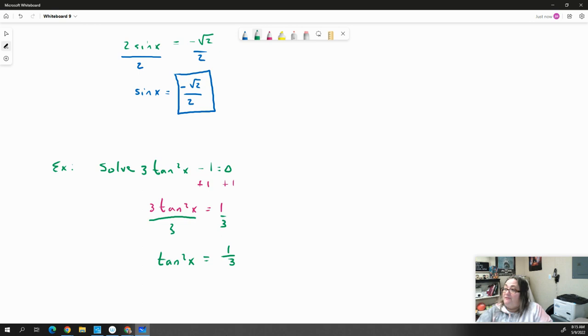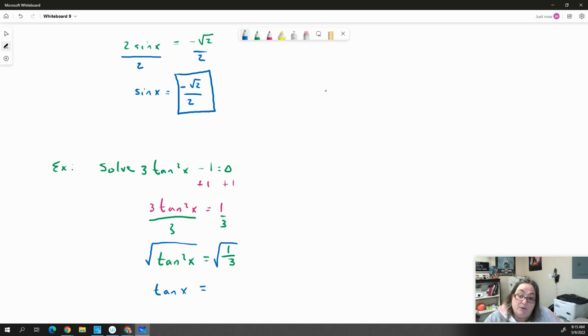And so when we want to find out what actual tangent is, we're going to have to take the square root of both sides. And so when I take the square root of tangent squared of x and the square root of 1/3, I wind up here, I'm going to have just tangent of x.